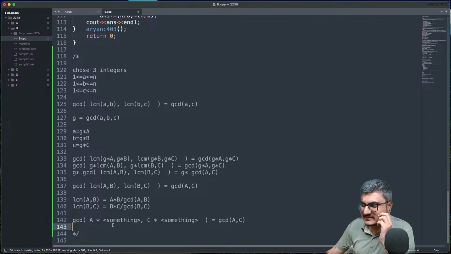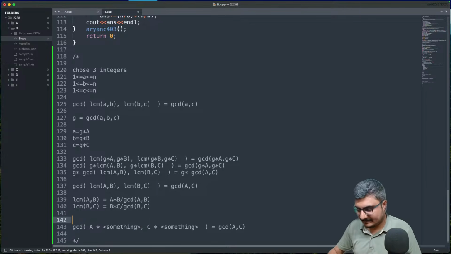This something is essentially here its first part is GCD of A into B divided by GCD of A comma B. Here it's C into B divided by GCD of B comma C, which is your GCD of A comma C.